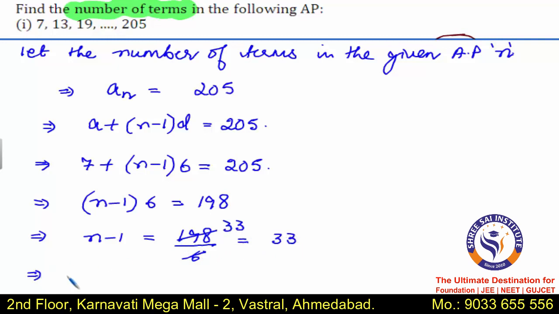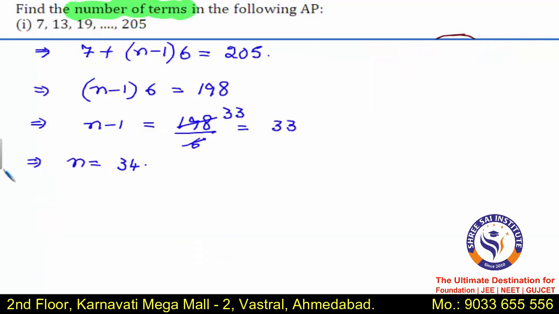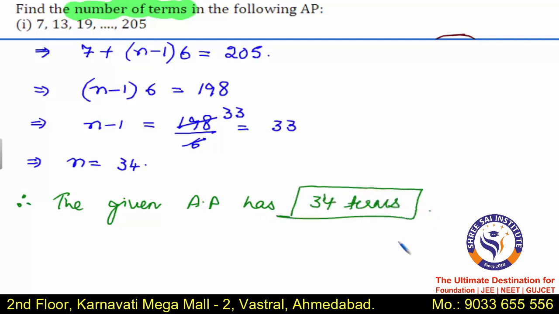This further implies that n is equal to 33 plus 1, that is 34. Therefore, the given AP has 34 terms. This completes the solution.